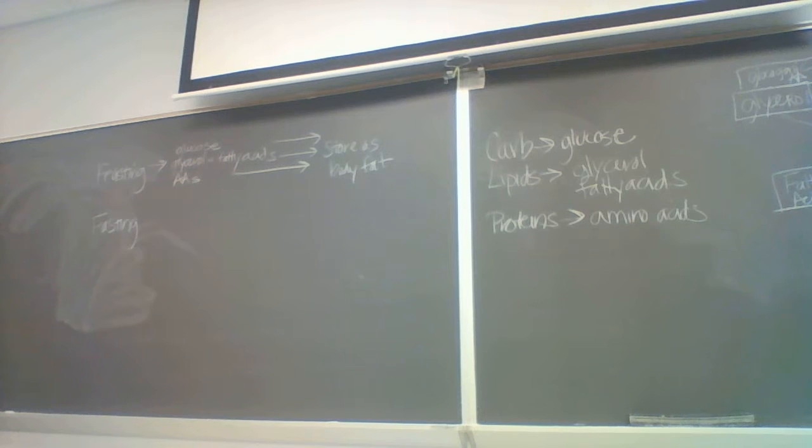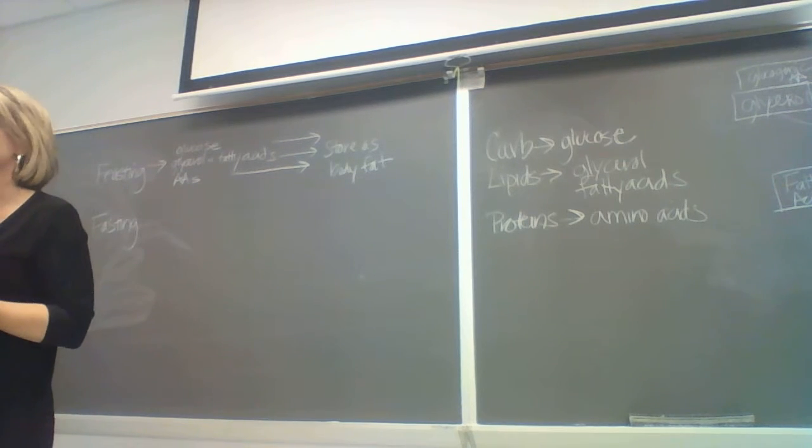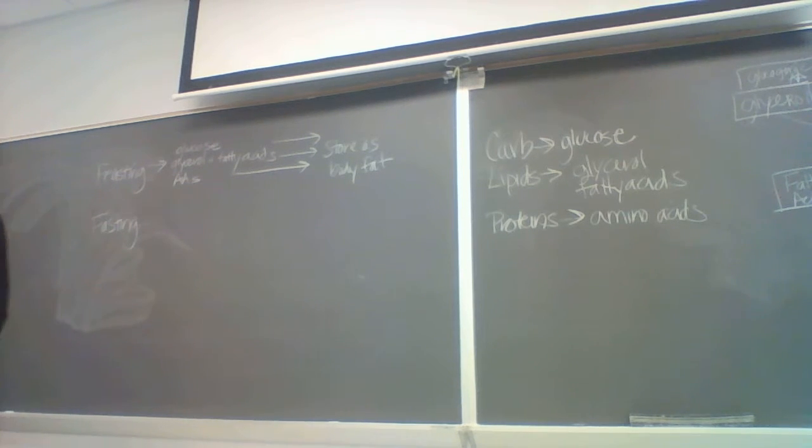Let's say you ate breakfast, and it's been 2 to 3 hours now, and your blood sugar's starting to get low, and your cells are starting to need some ATP. Where's your body going to get ATP? Where's it going to get some glucose from to keep you from passing out? Where's it going to get the glucose first?